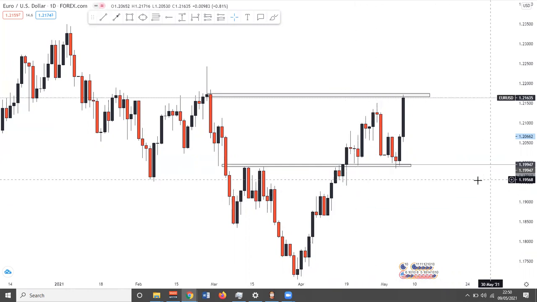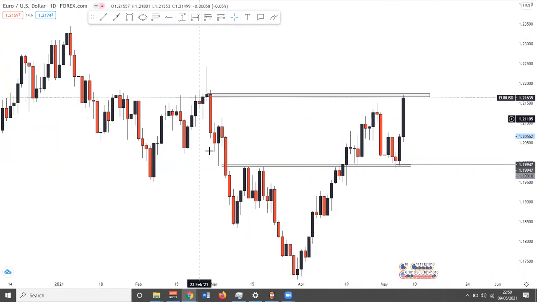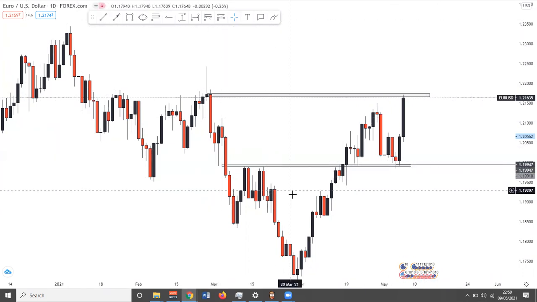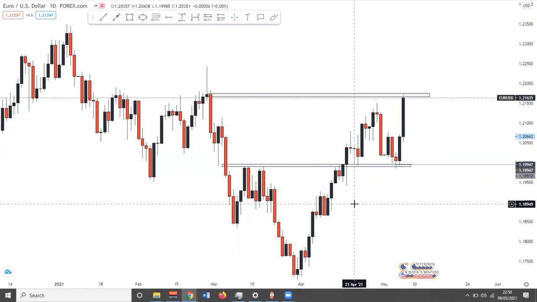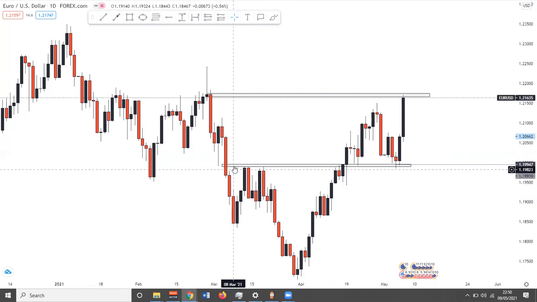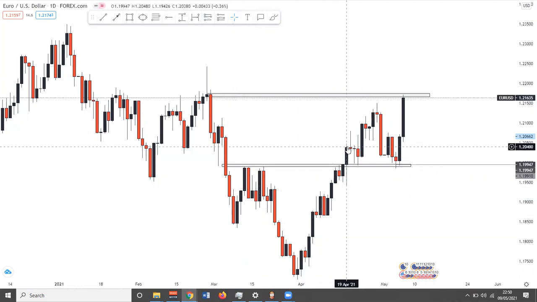Okay, now let's start from here and look at how I was able to identify a trade at that particular level. You would remember that I talked about this area. Price breached that area violently.